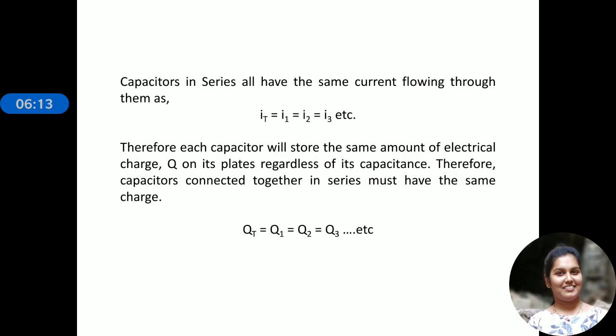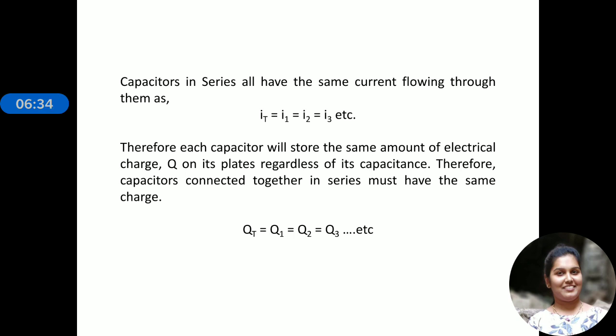Then what we can write is QT. The total charge in this series circuit is Q1, the charge in capacitor 1, Q2, the charge in capacitor 2, and Q3, the charge in capacitor 3. So all will be the same.